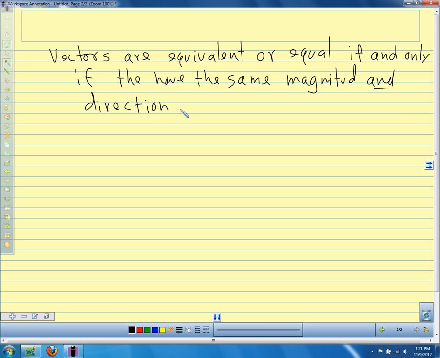So what we're saying is, if we have a vector here, and a vector over here, as long as they have the same length and they point in the same direction, we call them equivalent. It doesn't matter where they're located. If I can move one of these on top of the other, and they have the same length and are pointing in the same direction, they are equivalent. The location doesn't matter.